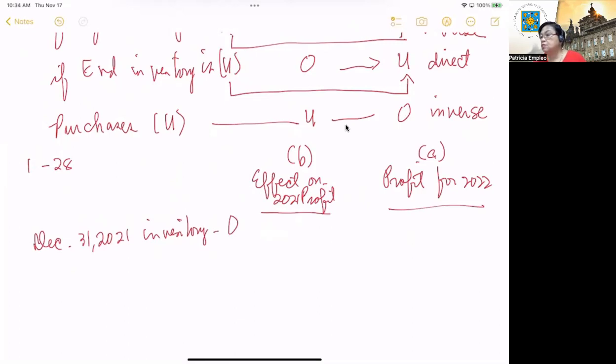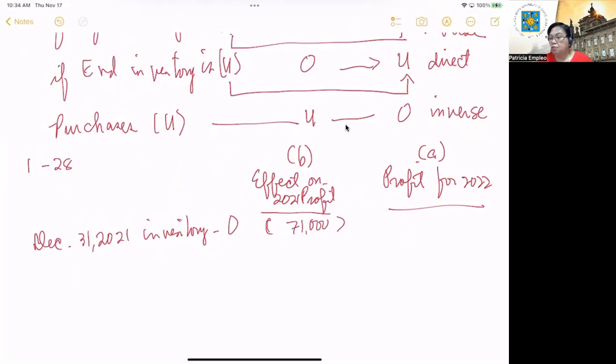So it will affect profit of 2021. As far as 2021 is concerned, the December 31, 2021 inventory is an ending inventory and it was overstated by 71. So we know, if ending inventory is overstated, it has a direct effect on profit. That means the profit for 2021 will also be overstated by the same amount, 71,000.